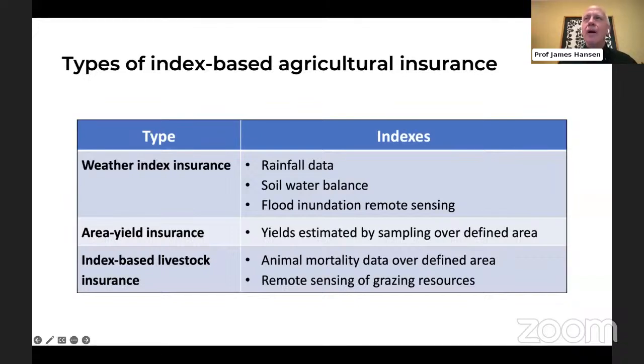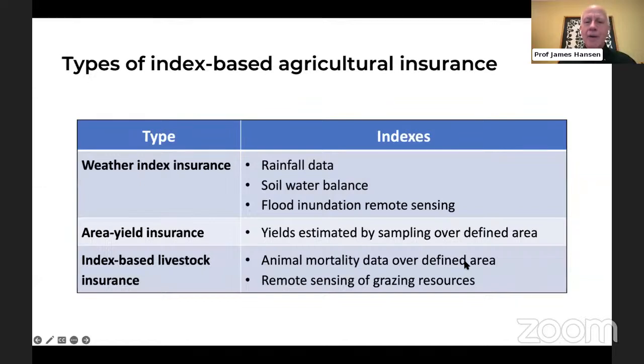In the case of livestock, index-based livestock insurance is sometimes based on animal mortality data over a defined area. Where this is implemented, it's similar to area yield insurance.